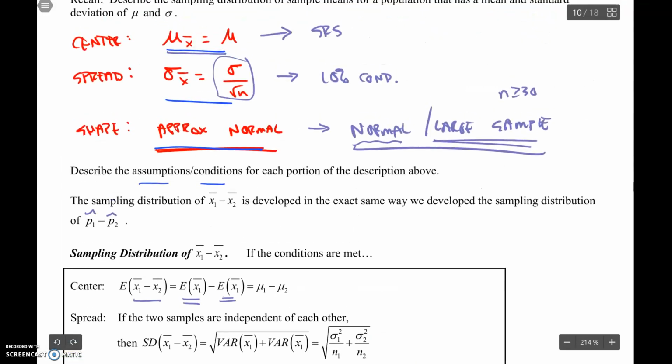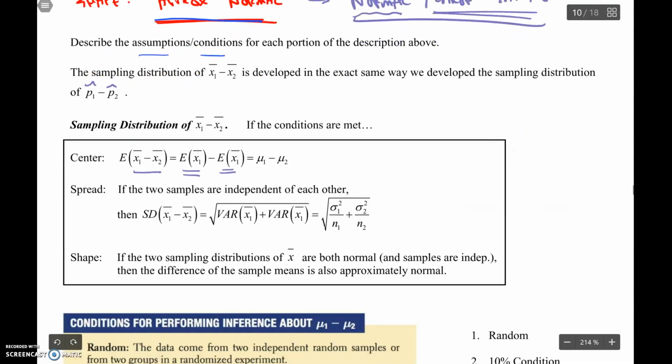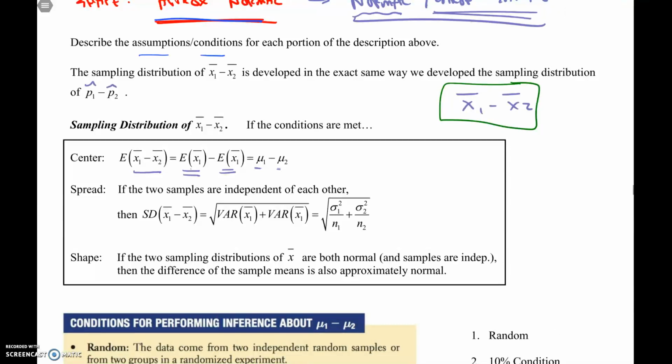And since the mean of my sample means is the true population mean, this is going to be just the true population mean. Again, sounds like I'm getting all complex and fancy. This is just common sense. If you've got two populations and you're going to sample from them and calculate the sample mean, the difference in those sample means should be centered about the true difference in the population means.